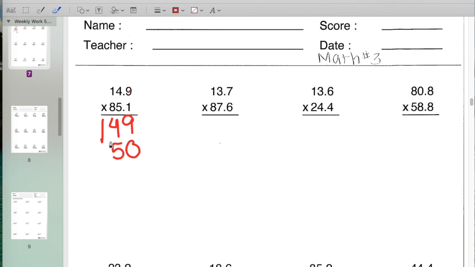So put the 5 down there, and then add the 4 up here to remind yourself that you're going to need it in a moment. So 5 times 4 is 20 plus 4 is 24. So 4, carry the 2. And then you're going to do 5 times 1, add that 2, and that's going to give you 7.